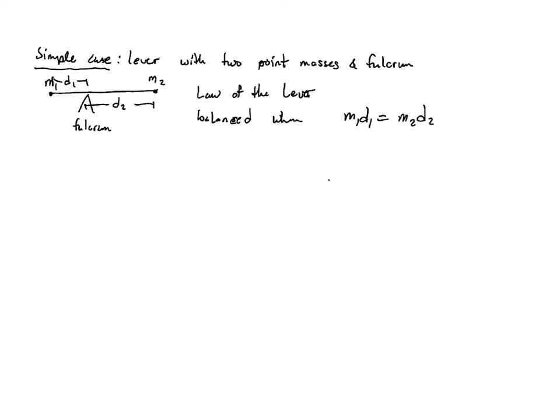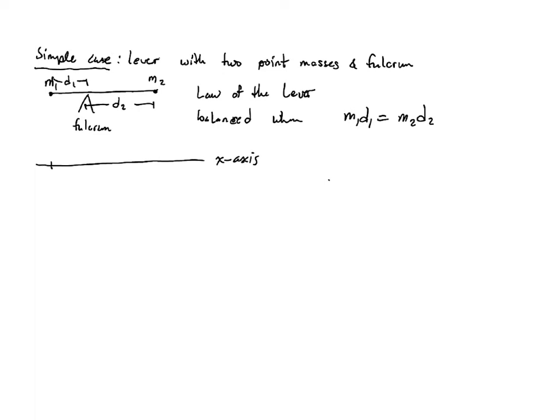Now, we don't like to think about these things in this level of abstraction. What we tend to do is think about what happens if the lever is on the coordinate axis. So we're going to now move this to the x-axis.